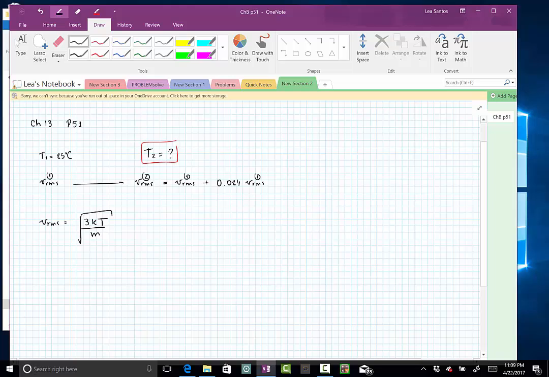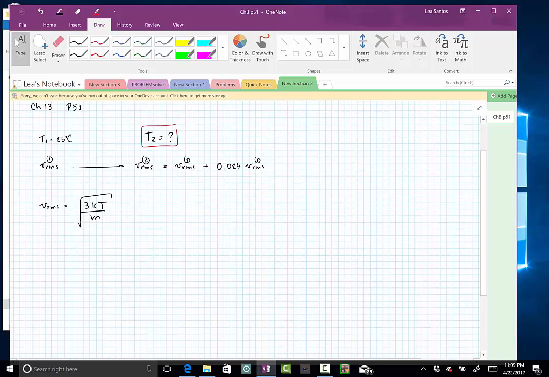So let me write in terms of this new speed: it is equal to the old one plus that 2.4%. So it's equal to 1.024 of that old one. This is the important expression.